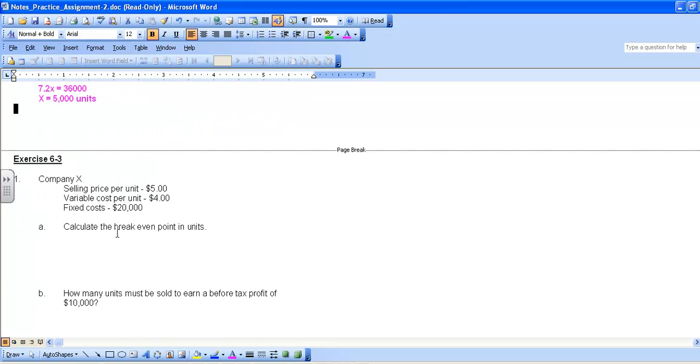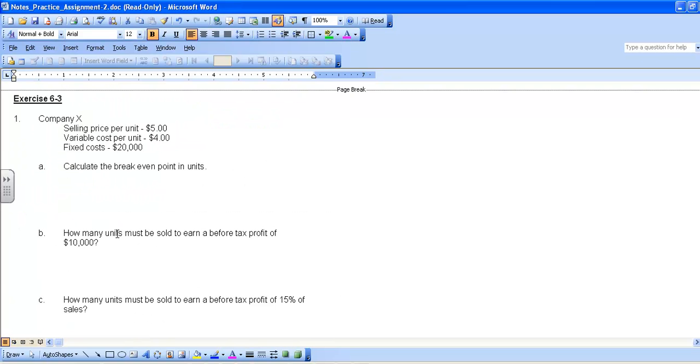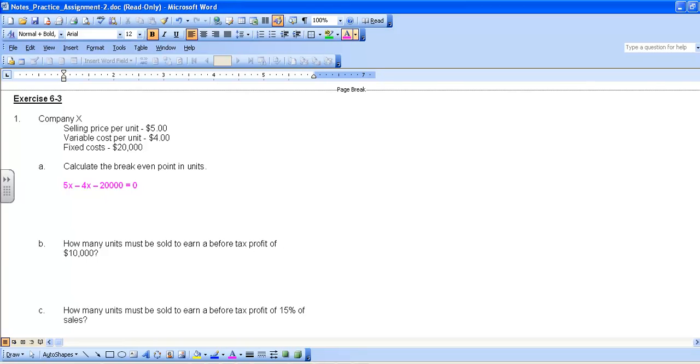All right, let's try company X, and we're going to come up with those same three equations. So our selling price is $5, so 5x minus 4x minus 20,000 equals 0.